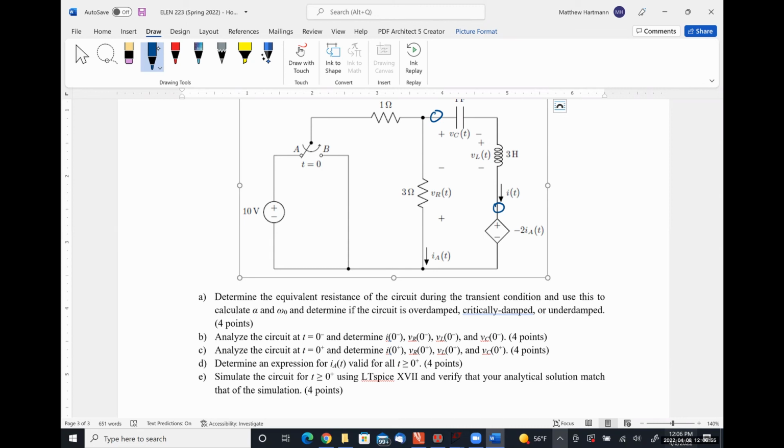So there was a parallel RLC, and that was also dependent, so for solving for REQ, is that also going to have to be a test source? Anytime there's a dependent source, it's the test source method to solve for the equivalent resistance, yes. And we did that problem in class.